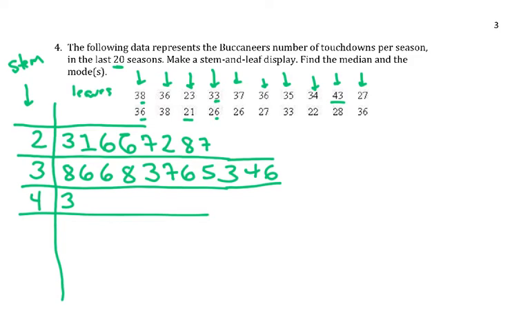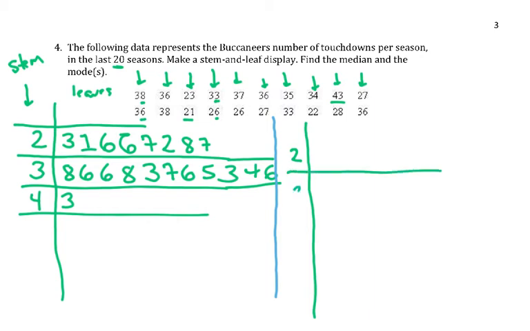Okay. So the second step is to put the data in order. I'm going to have to try to squeeze that in here. So let's cut this off here. So I have 2, I have 3, and I have 4. That will stay the same.